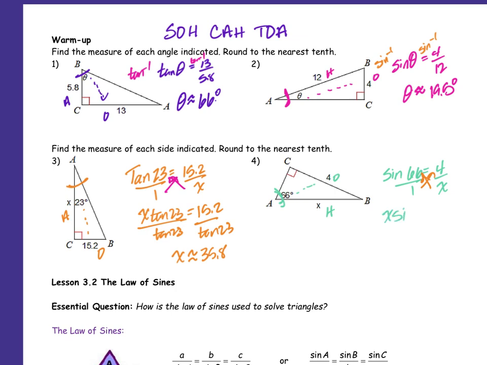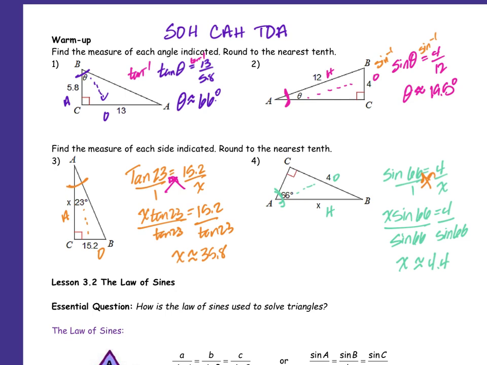X sine of 66 equals 4. Divide by sine of 66. So x is approximately going to be equal to 4.4. Okay? Questions? Okay, awesome.